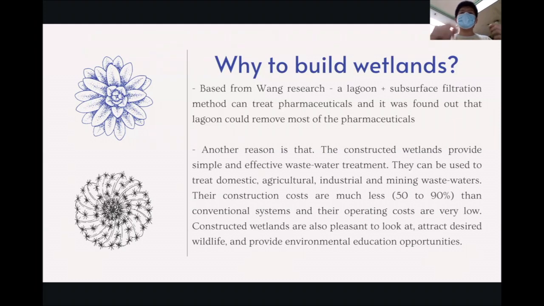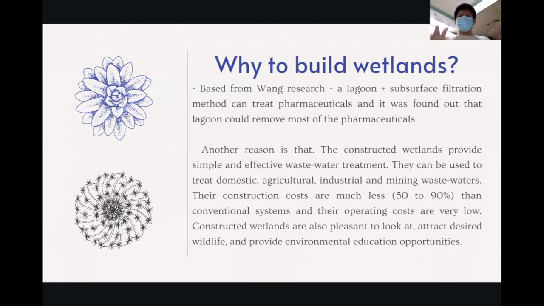So creating such things can help us reduce all the bad elements that we would like to eliminate in our life. Another reason is that constructed wetlands provide simple and effective wastewater treatment. They can be used to treat domestic, agricultural, industrial, and mining wastewaters. Their construction costs are much less, 50 to 90% less than conventional systems, and their operating costs are very low. Constructed wetlands are also pleasant to look at, attract desired wildlife, and provide environmental educational opportunities.